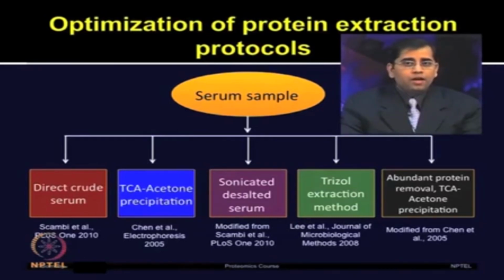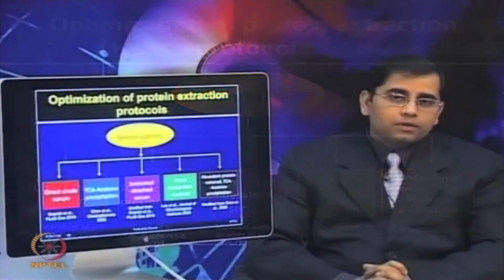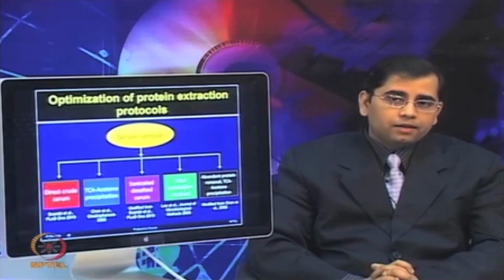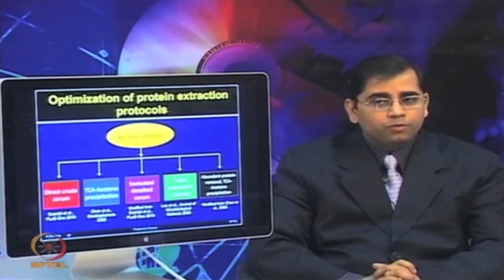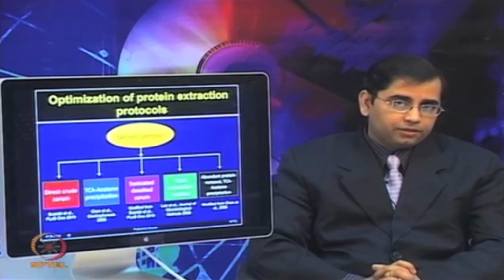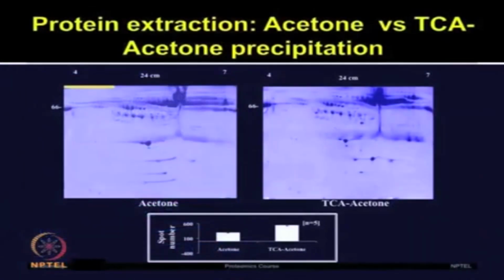People have applied direct crude serum, TCA acetone precipitation, sonicated and desalted serum, the Trizol extraction method, as well as abundant protein removal and TCA acetone precipitation. So, we used a modified procedure of TCA acetone precipitation, where we used depleted, desalted and sonicated serum.